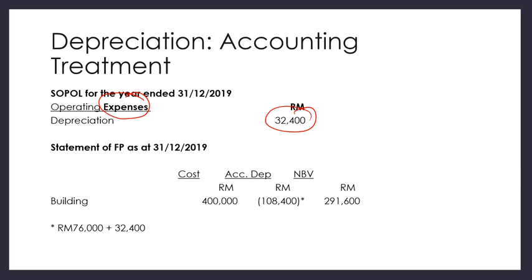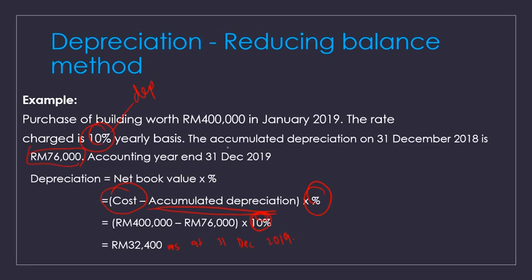Maksudnya dekat statement of financial position, untuk supaya mengurangkan kekeliruan, mengurangkan kecuaian, so you perlulah buka 3 kotak ni: cost, accumulated depreciation and net book value. So cost you beli tadi 400,000, accumulated depreciation you ialah 76,000 tambah dengan you punya depreciation ni. Accumulated depreciation ialah nilai depreciation yang terkumpul.